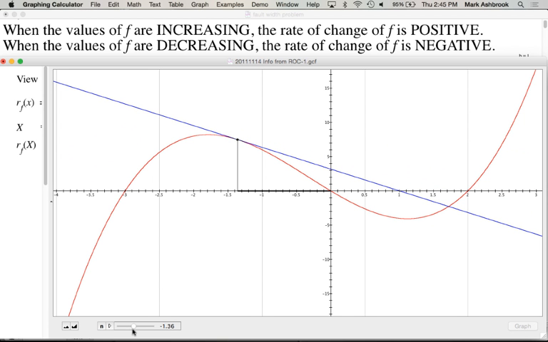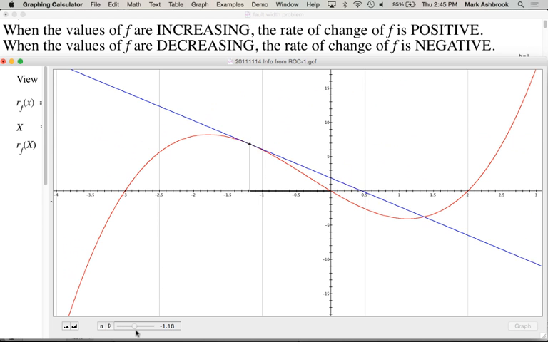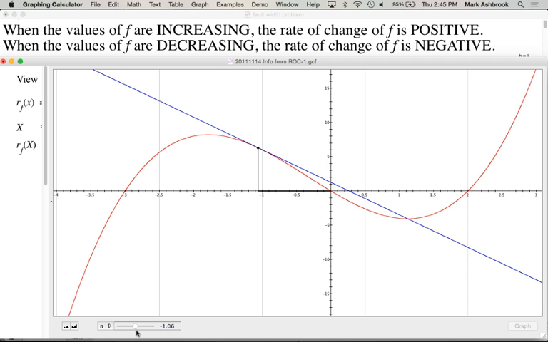So when the rate of change is decreasing, what can we conclude about that red graph? Going left to right, it's turning or bending down, right? Even on the way up, it's turning and bending down. On the way down, it's turning and bending down. That's a decreasing rate of change.